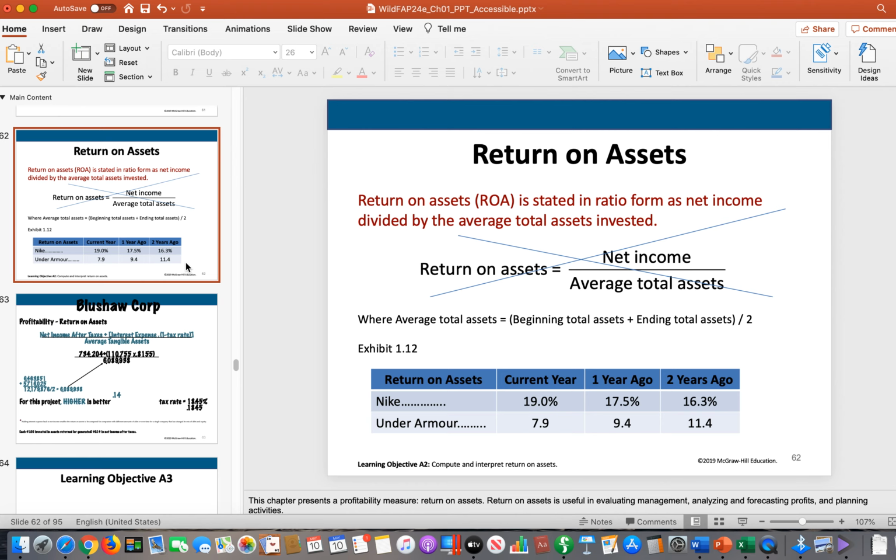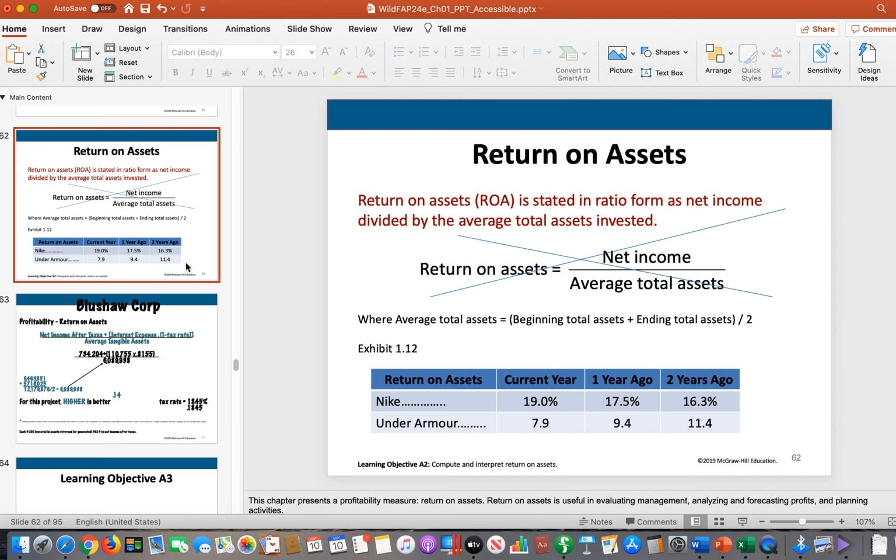Net income is only for the current year, let's say 2019. So, let's say you have net income for 2019 and 2018, and you have total assets for 2019 and 2018. To calculate this ratio, we're not concerned with the net income for 2018.